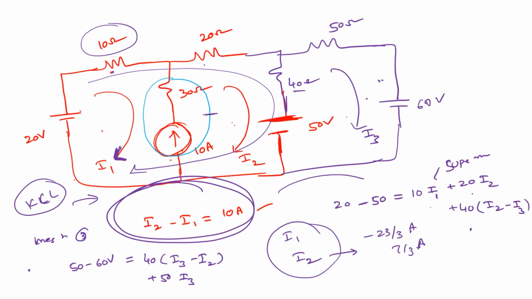Next, I will give you an example which has both a current source and a voltage source, both dependent and independent.